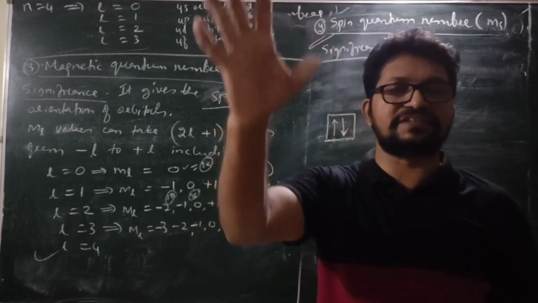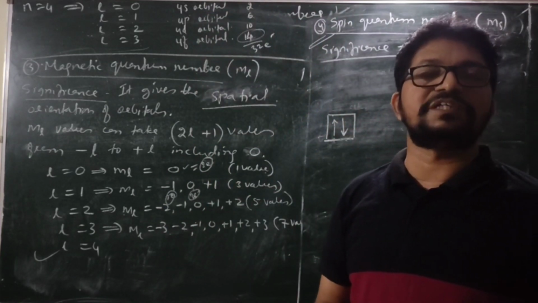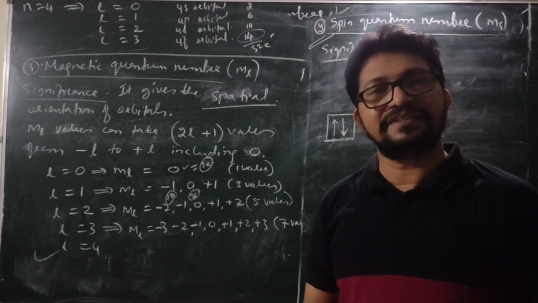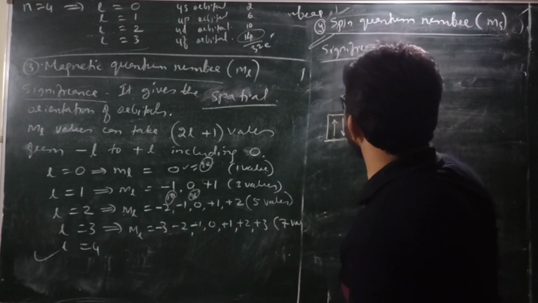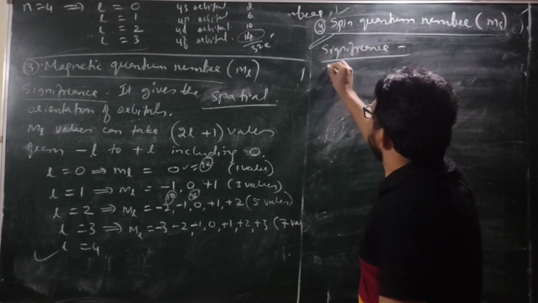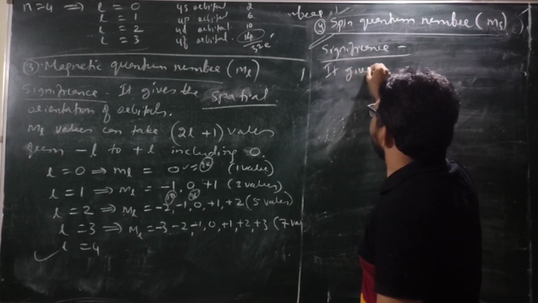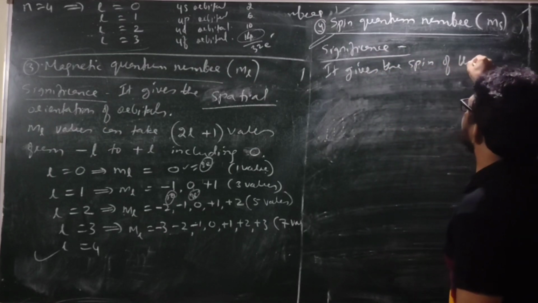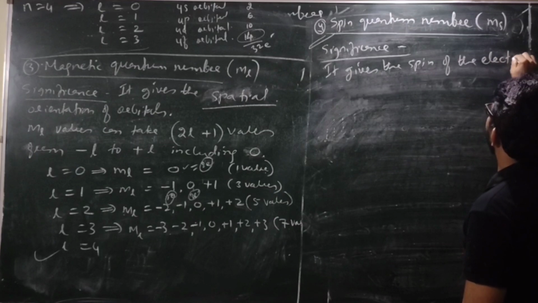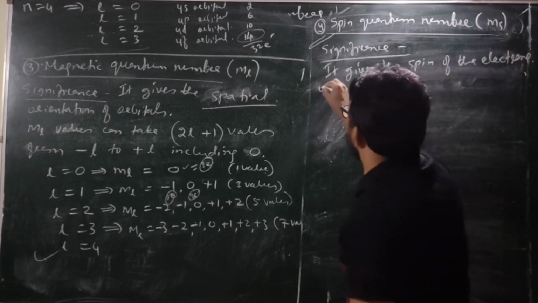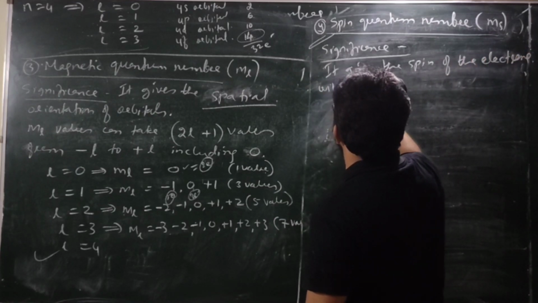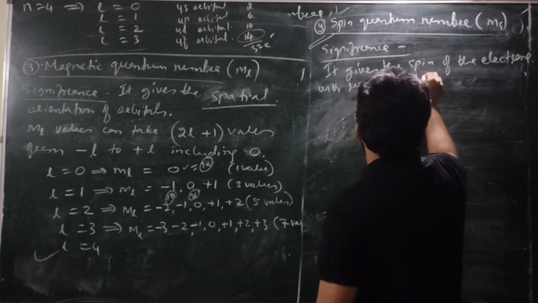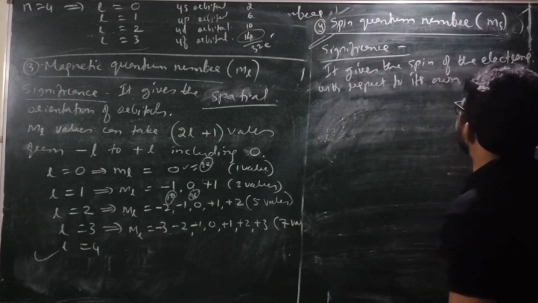That is how the significance of quantum numbers has to be explained. So, what to write as the significance? It gives the spin of the electrons with respect to its own axis.